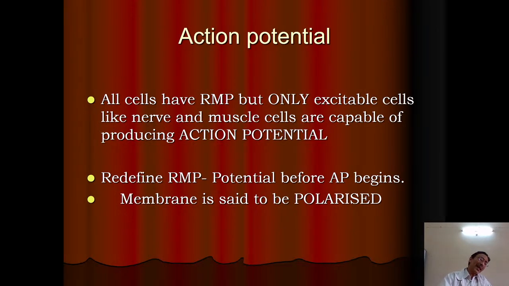So this action potential is a change in the membrane potential because of the excitable nature of the cells, resulting in disturbance in the ionic concentration. And once this whole process is completed, that particular change in the concentration is known as an action potential.